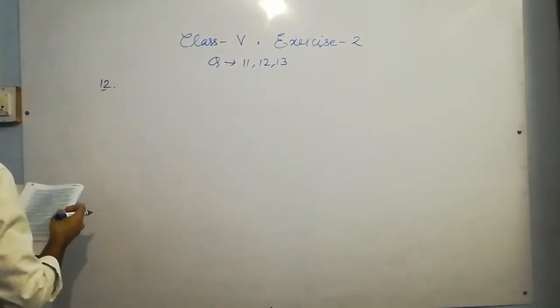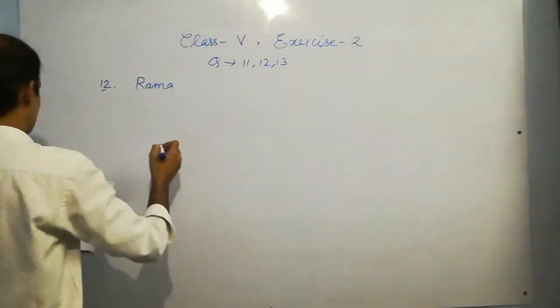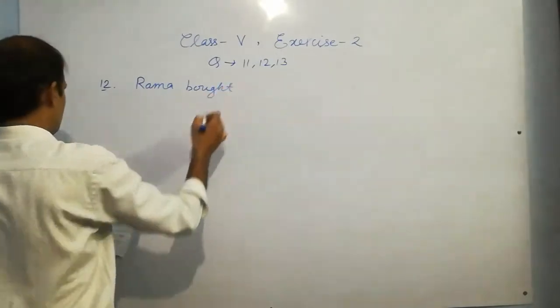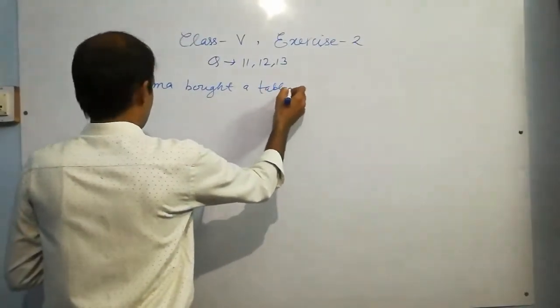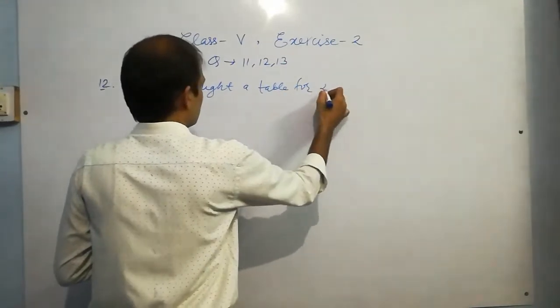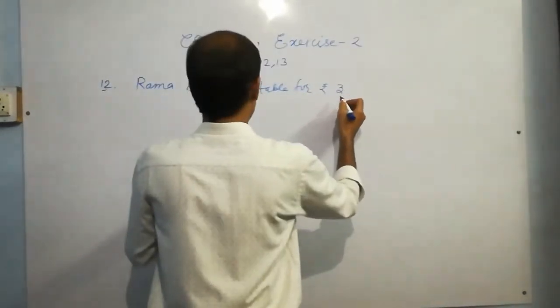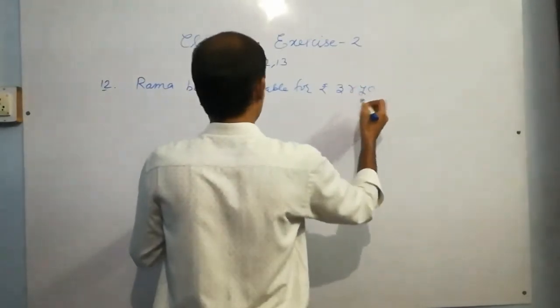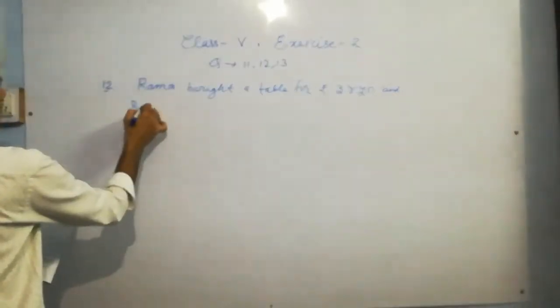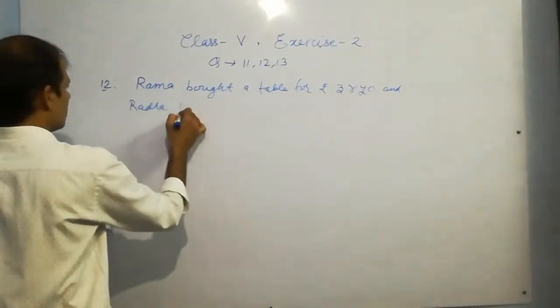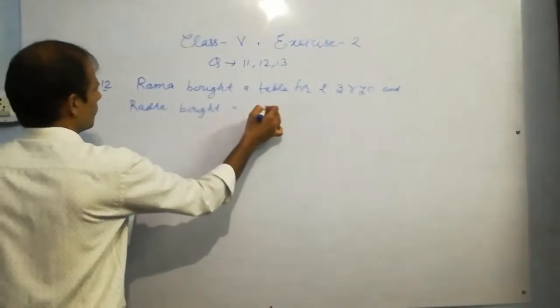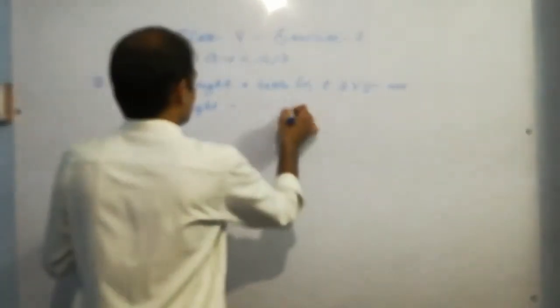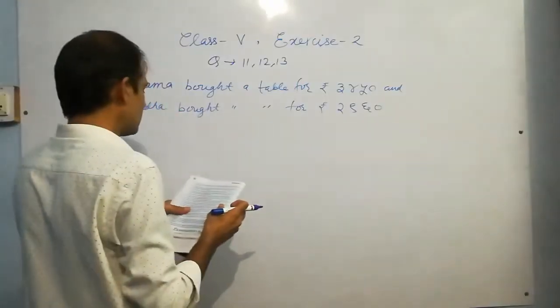So the 12th question is, Rama bought a table for rupees 3450, and Radha bought a table for rupees 2960. State the difference in the cost of both.